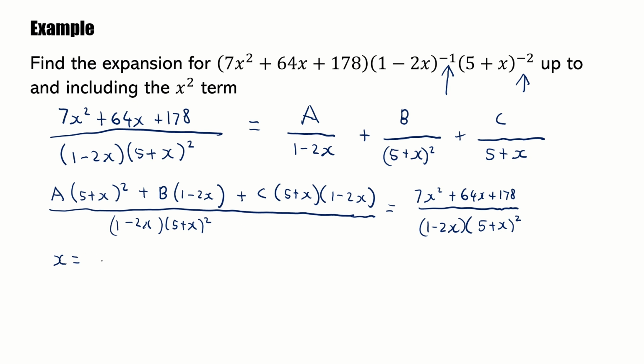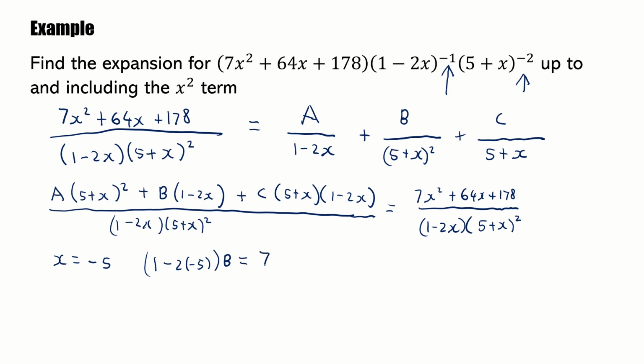So for instance, if you plug in x equals minus 5, conveniently that means we will have 5 take away 5 all squared lots of a, but 5 take away 5 is 0, so we get nothing. We get b lots of 1 take away 2 lots of minus 5, so therefore that's going to be 1 minus 2 lots of minus 5 lots of b. And then c, that's also going to become 0, so therefore I don't need to do anything with that.